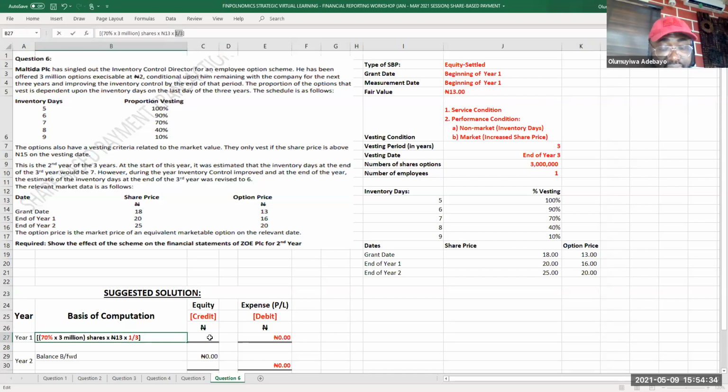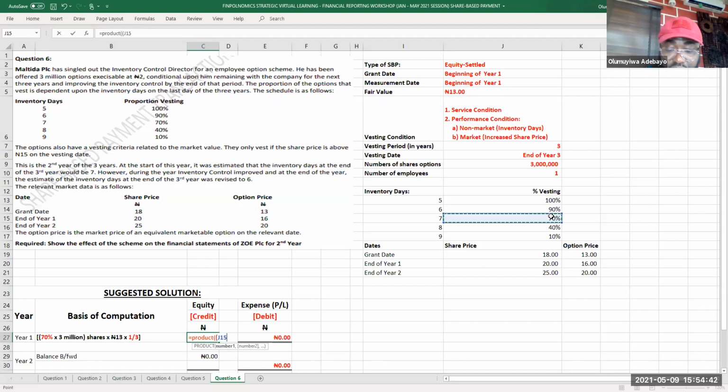In that case, I can come here, the product of 70% of 3 million and the fair value of the option at the grant date. Don't misconstrue that with the fair value of the share price, no.